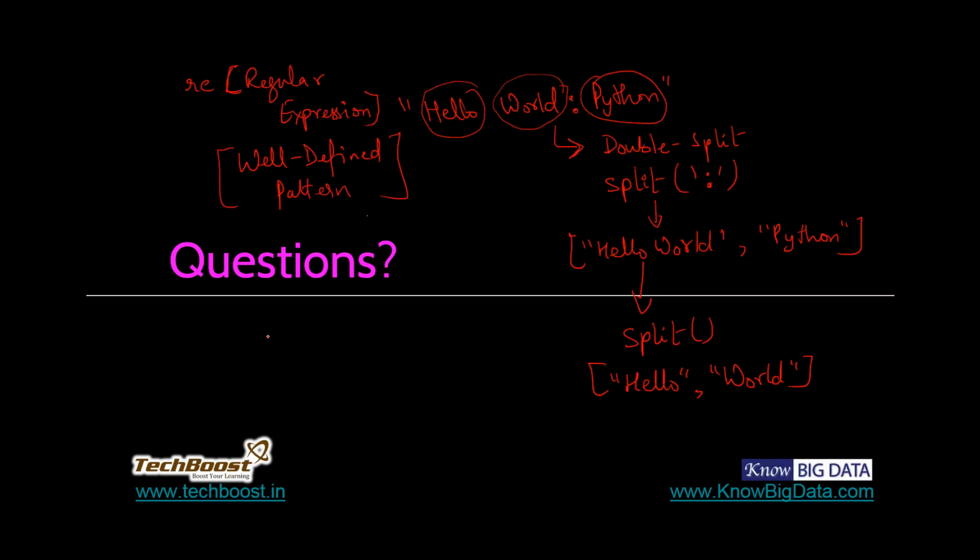Or probably you might end up making a list of all sorts of delimiters that can occur, right? Which is not a good idea, isn't it? So in your real-time scenario, possible solutions could be a double split or using a regular expression. Okay. We will discuss regular expression. I have got a slide on regular expression itself. All right.